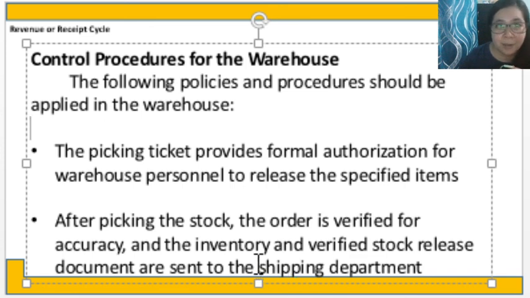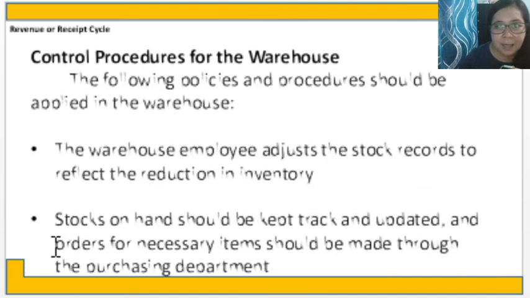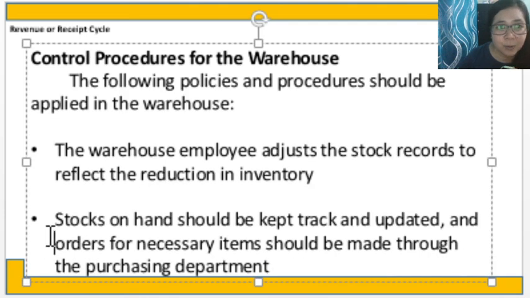Next, after picking the stock, the order is verified for accuracy of its amounts and quantity or quality, and the inventory and verified stock release document will be sent to the shipping department for delivering the order to the customer. And lastly, the warehouse employee will adjust the stock record to reflect the reduction of the release of the ordered inventory, and stocks on hand should also be kept track of and updated, and the orders for necessary items should be made through the purchasing department.